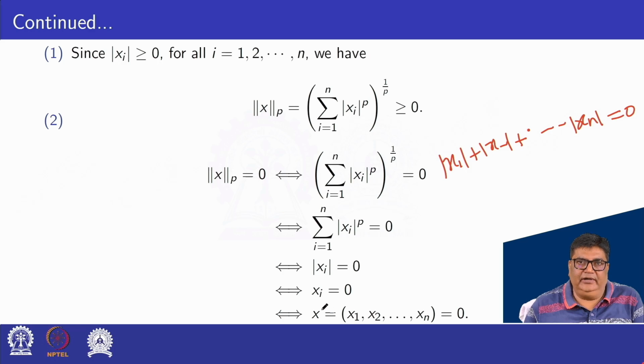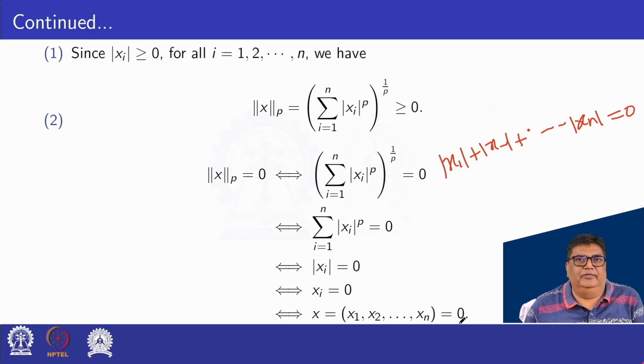So x = (x1, x2, and so on, xn) with each xi equal to 0. Then x = (0, 0, and so on, 0), that is the zero vector. That is, ||x||p = 0 if and only if x = 0.